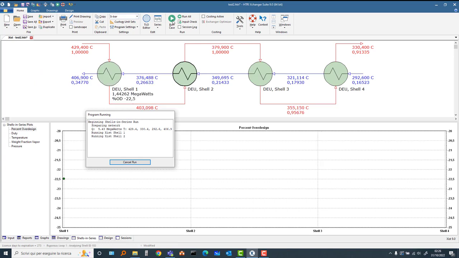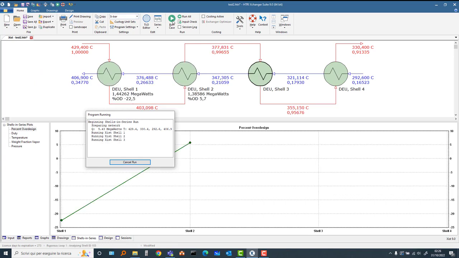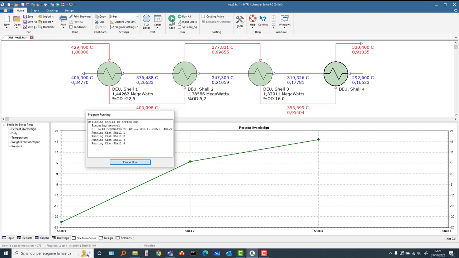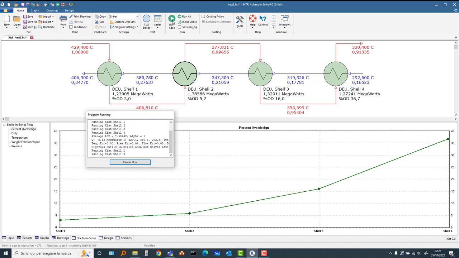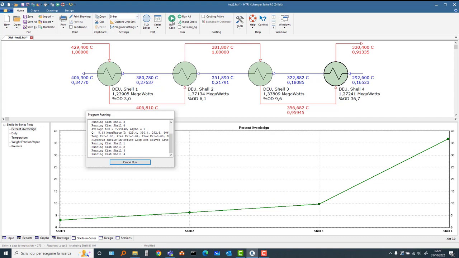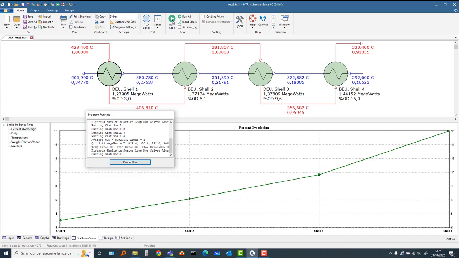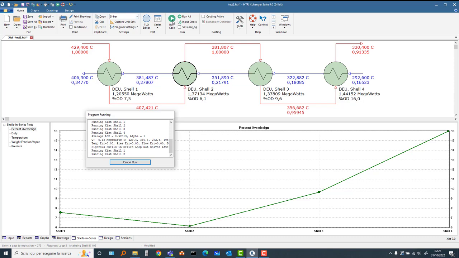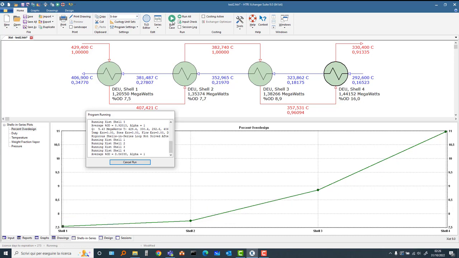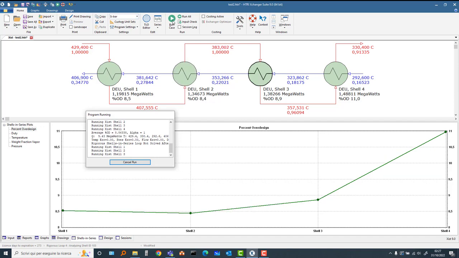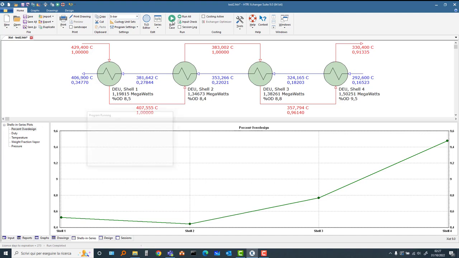We could also have tried to increase the number of baffles in order to increase the performance, so the coefficient in the shell side. However, maybe it's also useless because we have already a good performance. Let's check if really we still have a positive over surface.